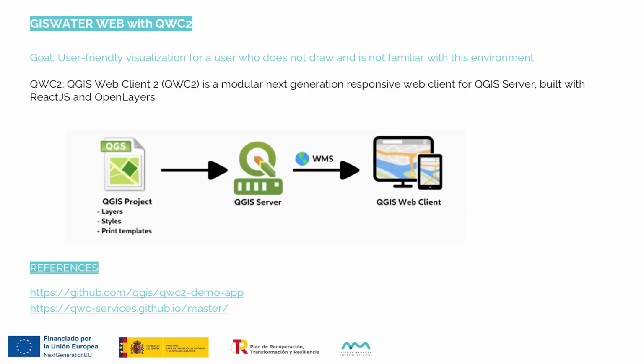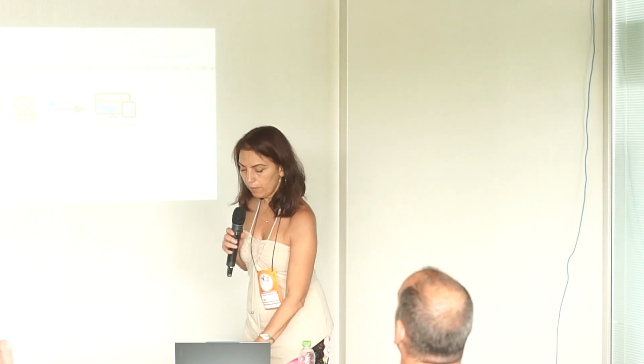Then, because QGIS Desktop is not very user-friendly for a normal user, we decided to use the QGIS web client. Tomorrow will be the presentation of the QGIS web client, so I really insist you go to see how it works. It has very clean code and is very customizable.